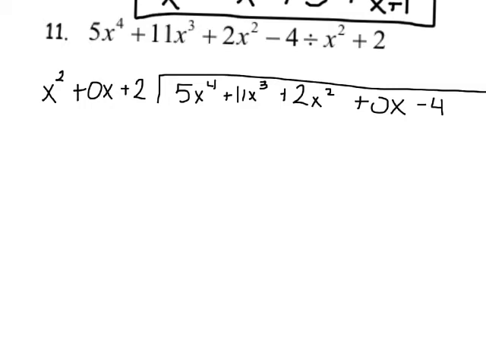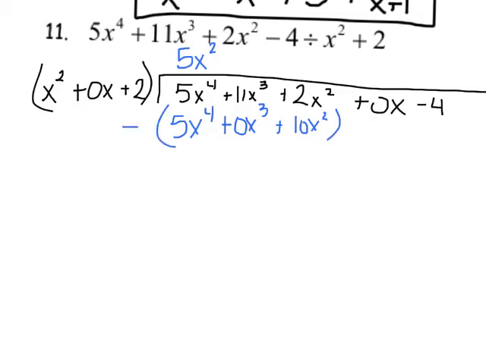All right, so what goes here such that it multiplies x squared to get 5x to the 4th. So that's going to be 5x squared. So that makes 5x to the 4th plus 0x cubed plus 10x squared.